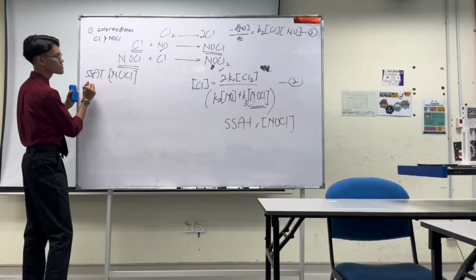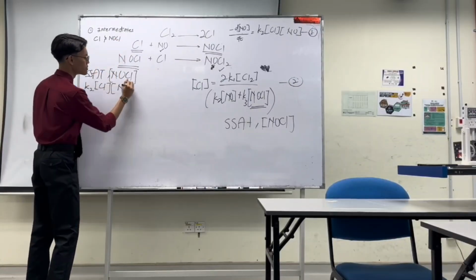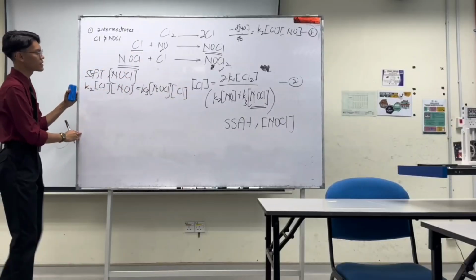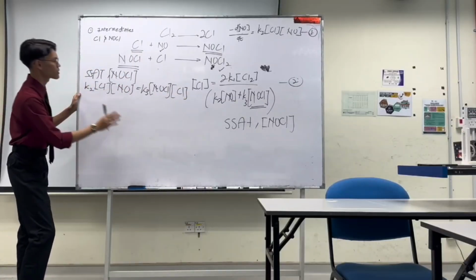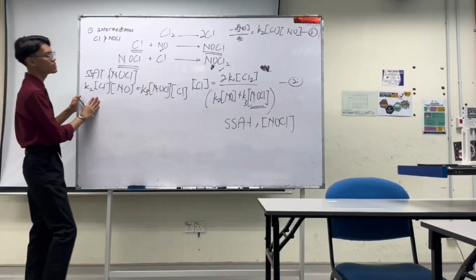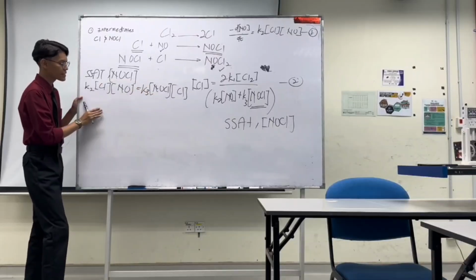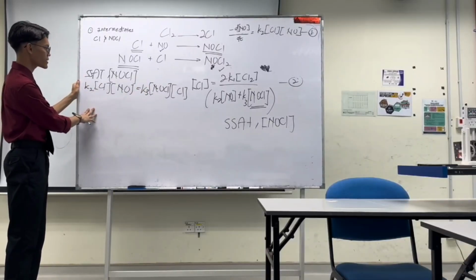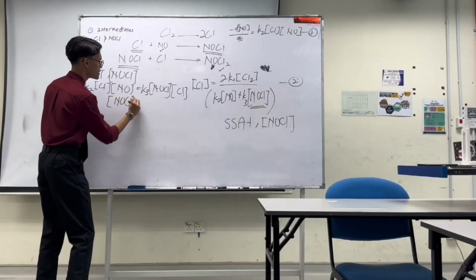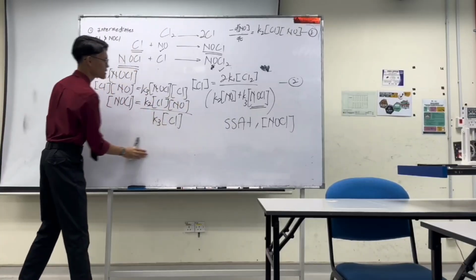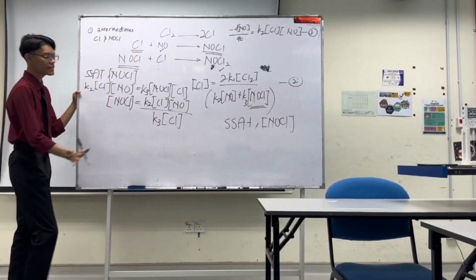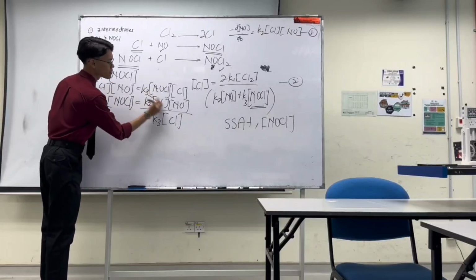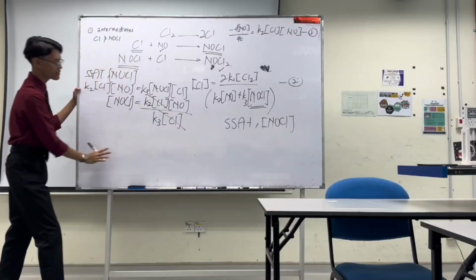Okay, so the first one, this is the SSAT. What we can do is make the NOCL in front. Here we can cancel the CL, right?